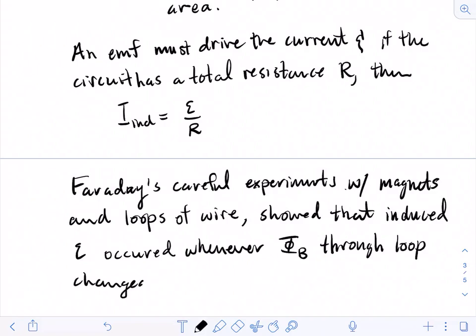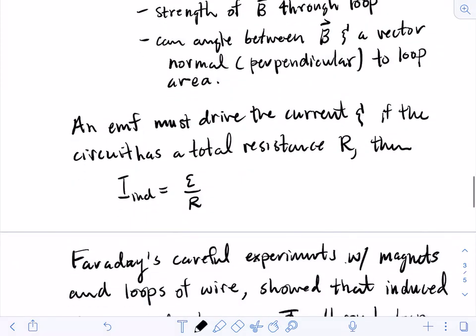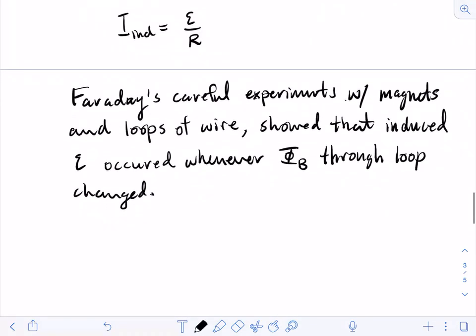And so we just listed above the three ways that we could do that. Change in area, change in magnetic field strength, change in the orientation of the loop relative to the magnetic field.